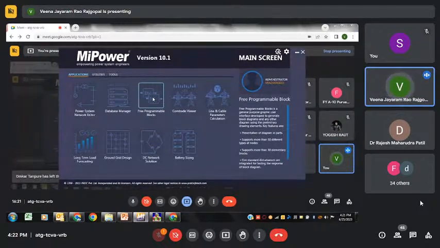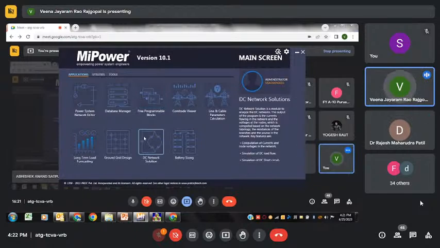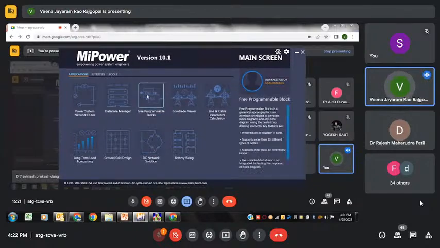If you have created a generator, you can create a control block, attach it to the generator, and see the performance of your AVR and how it behaves. Those kinds of transfer functions can be built using the free programmable blocks.